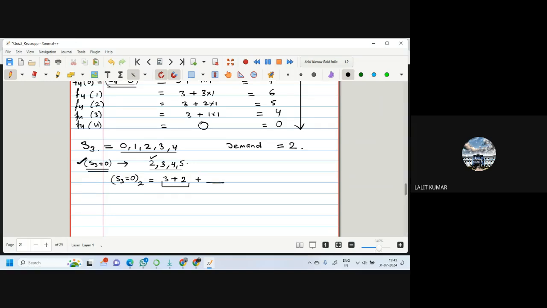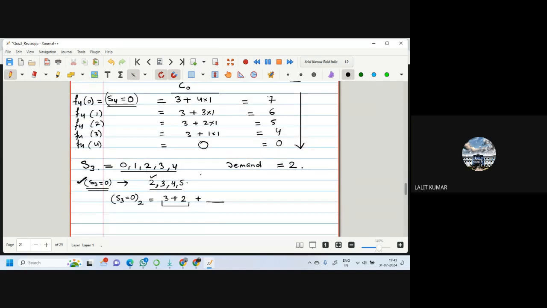So in S4, what will be my state? It will be F4 0. As I'm consuming everything, I'm not carrying anything, so my holding cost is 0. Here I write this F4 value from here. F4 is 7. 5 plus 7, this becomes 12. Is this clear?